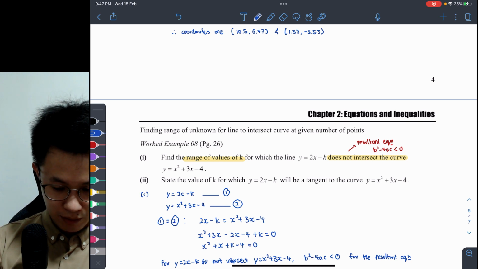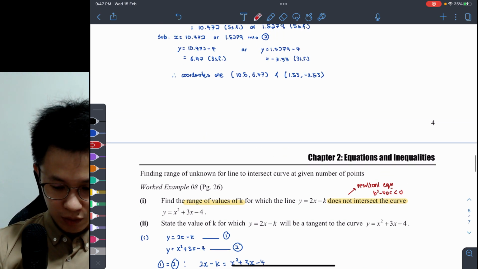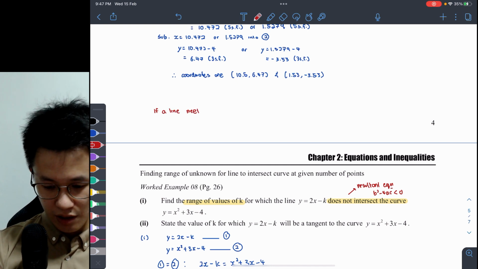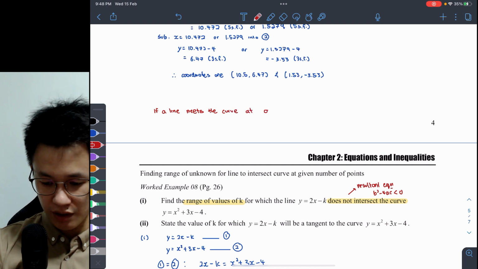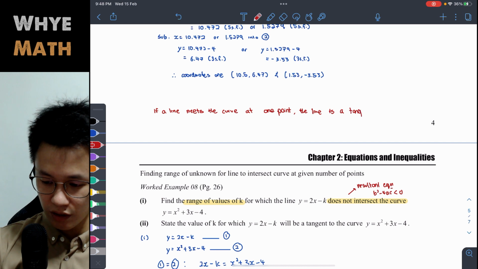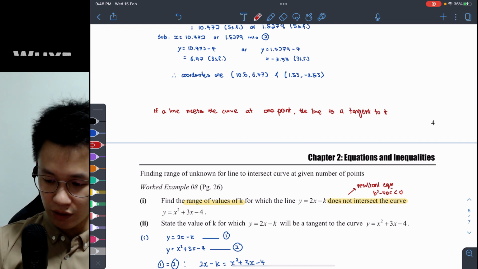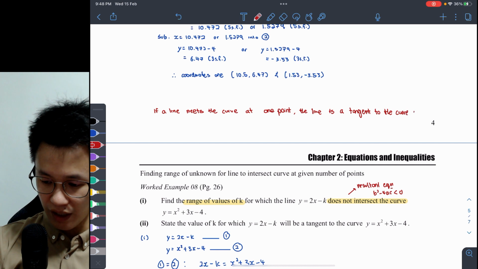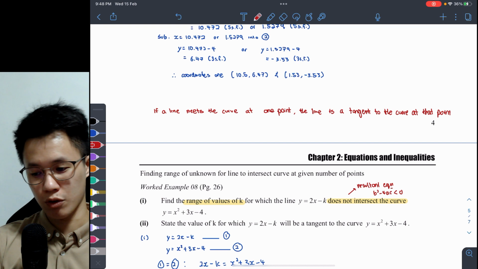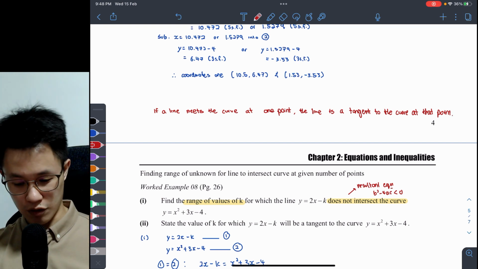Something to take note of here: if a line meets the curve at one point, this is actually a definition, the line is a tangent to the curve at that particular point. It works for all kinds of quadratic curves and so on.